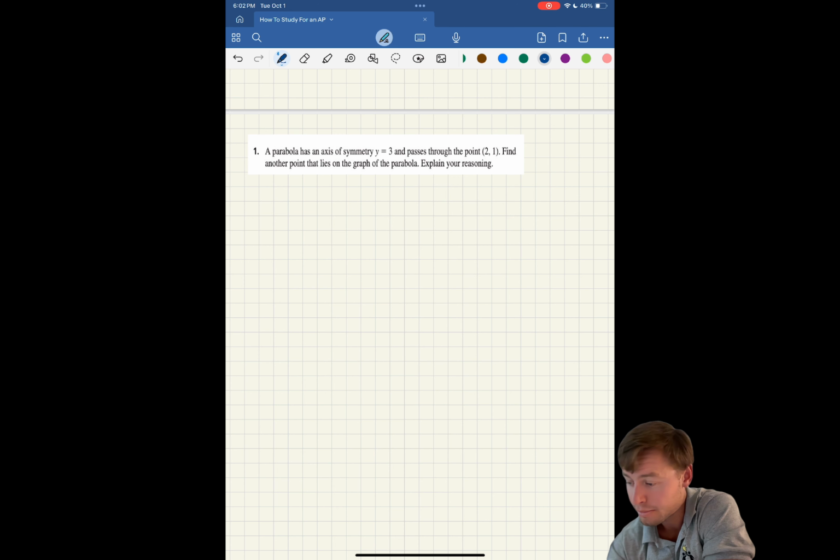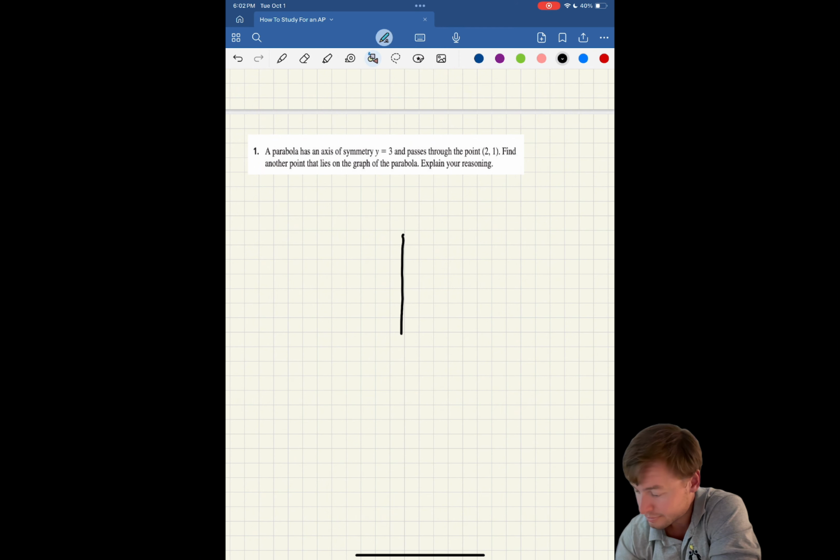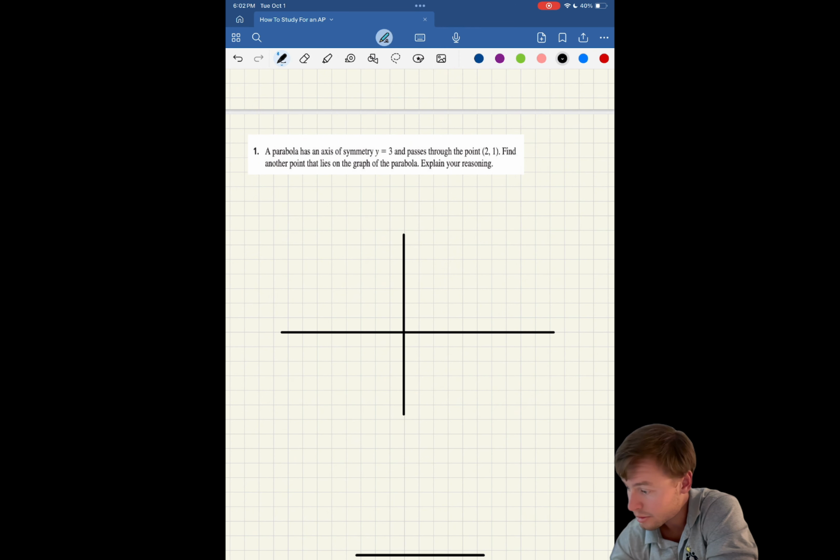Okay, so let's do a rough sketch of this just to get an idea of what we're looking at. So I'll draw a coordinate plane. It has an axis of symmetry of y equals 3, so y equals 3 is here.